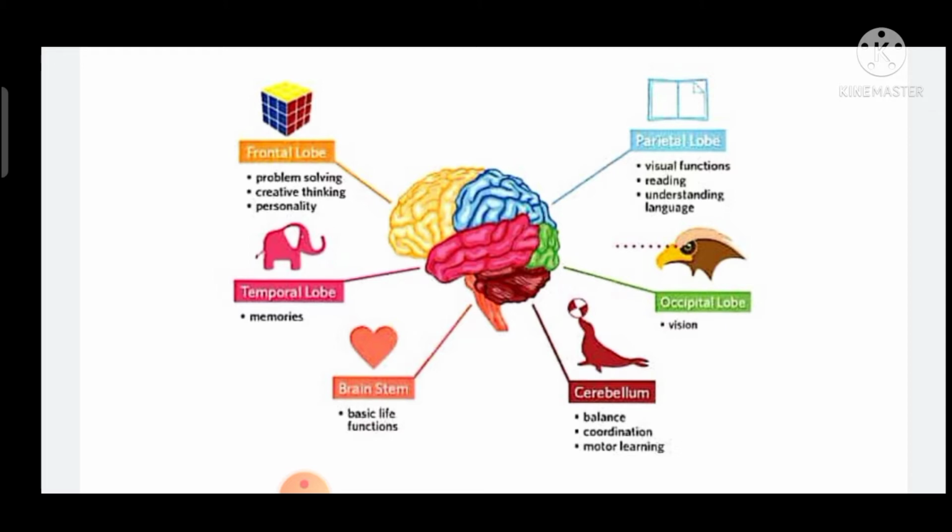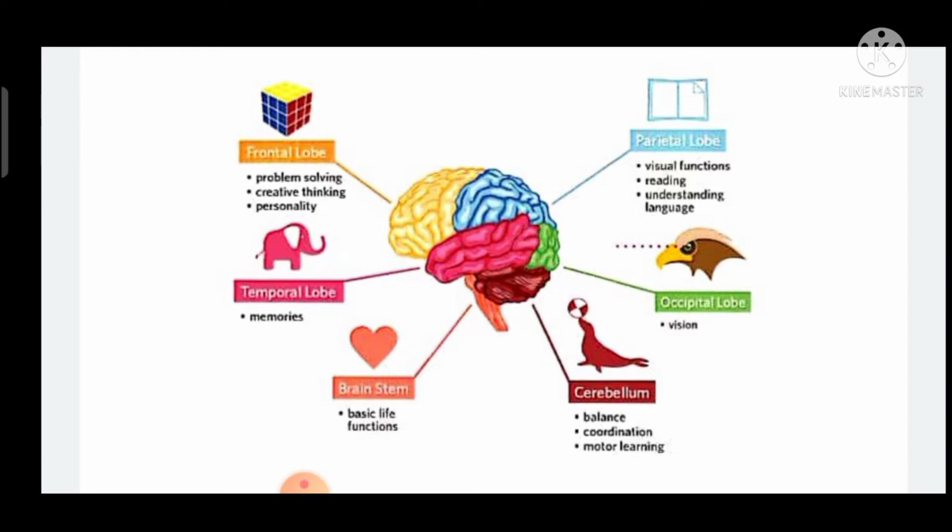Why? Because every organ is sending messages to the brain, and whatever reply the brain gives to them, they act on it and perform those actions. So this parietal lobe is used for visual functions, reading, and understanding language.